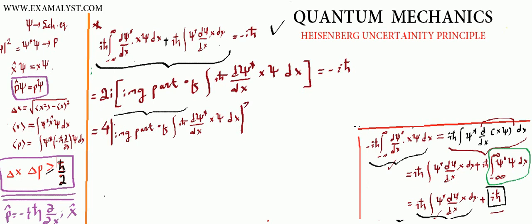Since we have squared both sides, there will be a square here, and on this side you'll only get ħ squared. This is very easy to see.